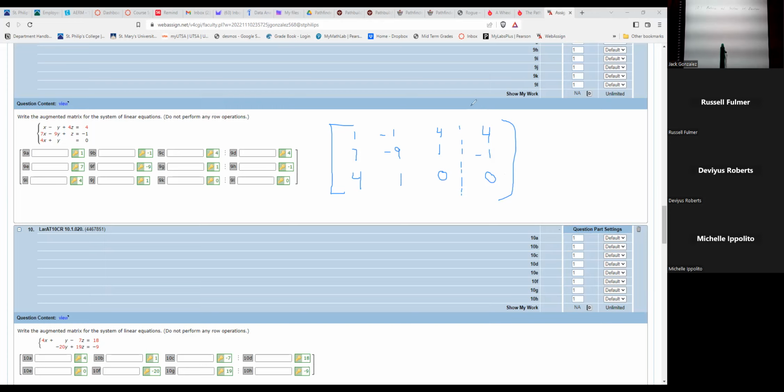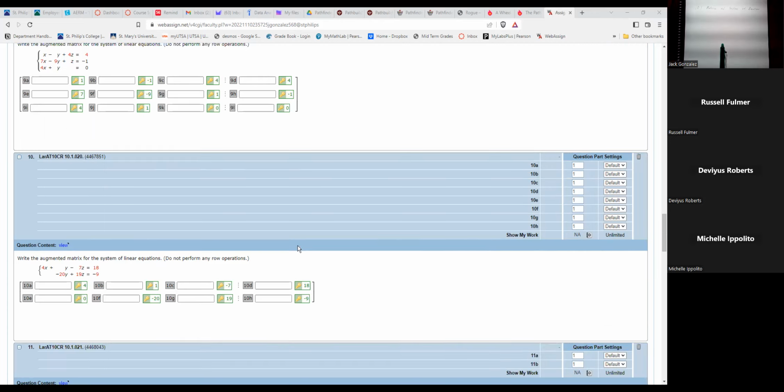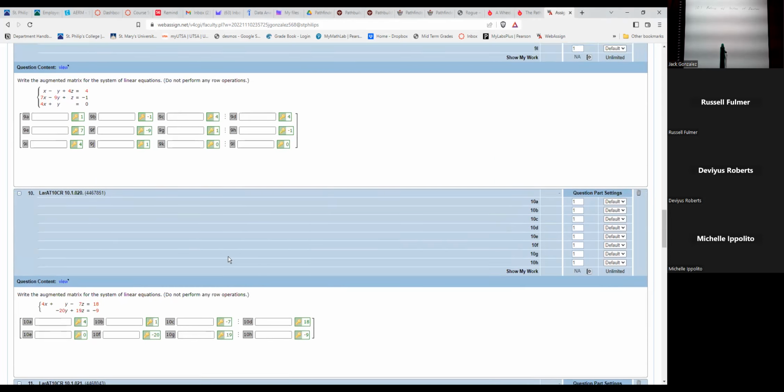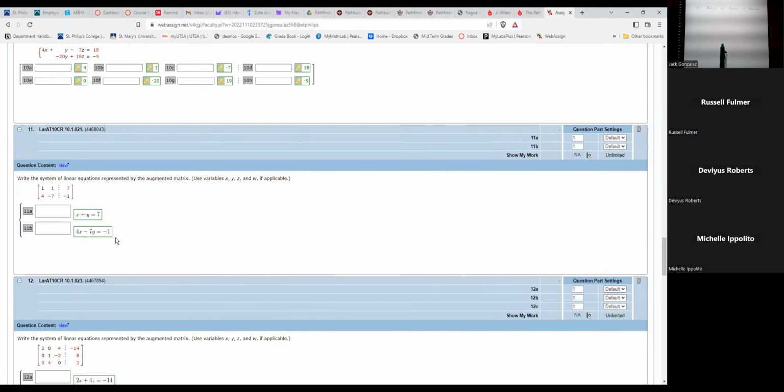Right? So not too bad, right? Here they're asking you not to perform any row operations, meaning don't solve it. And I'm not going to make you do row operations. I'm going to have you use a solver or your calculator. That's it. But make sure you're able to go back and forth.